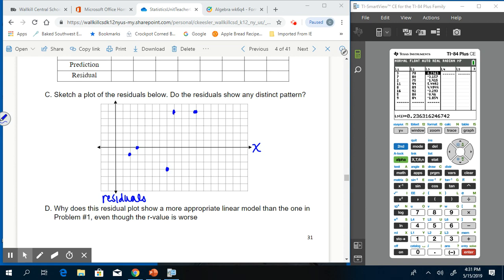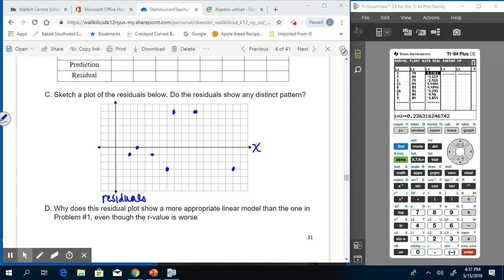For 16, our residual was -3. For 5, our residual was 0. I feel like that was actually 1 when I did it though, so I'm going to do -1 here.